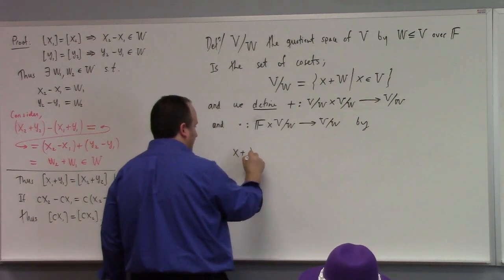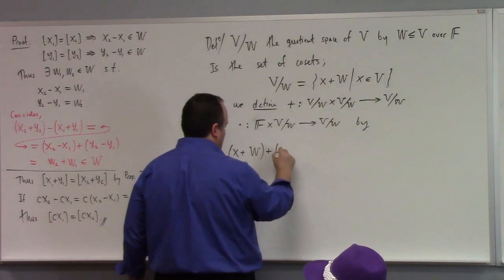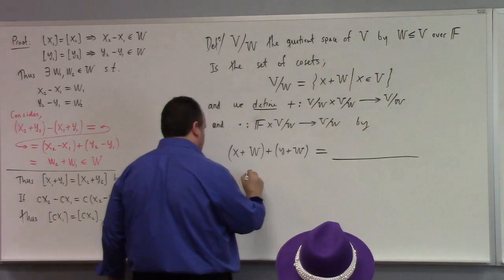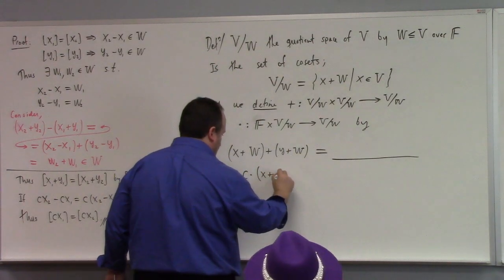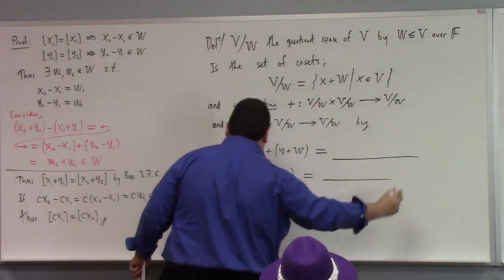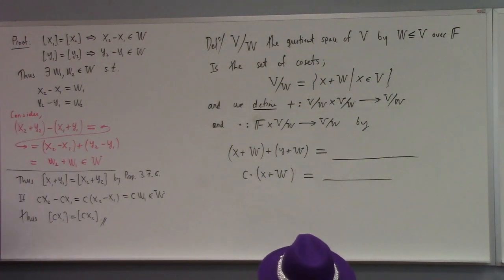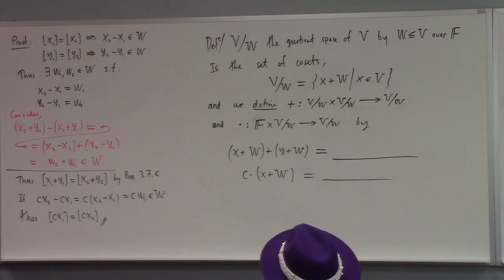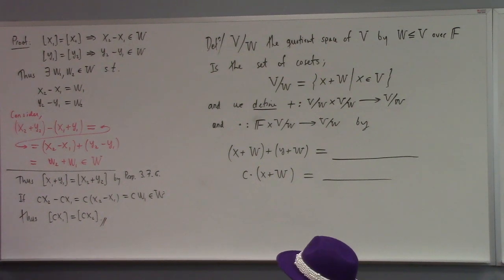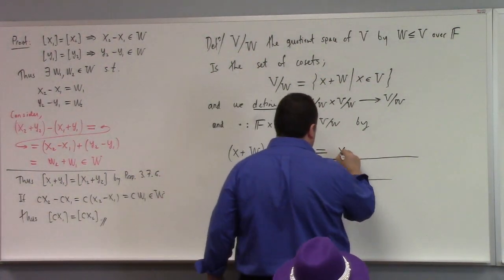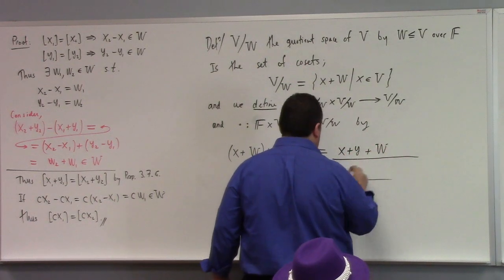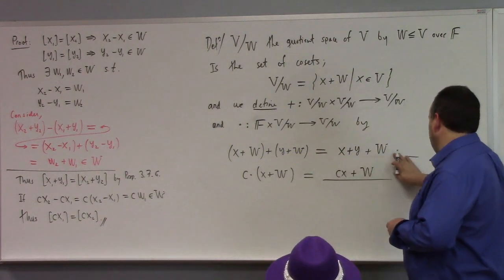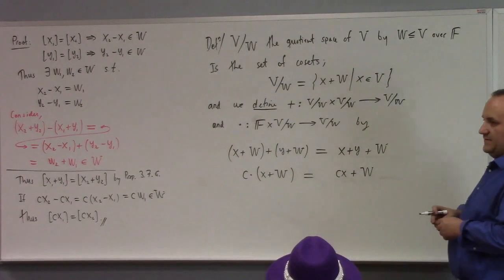So x plus W plus y plus W equals, you guys fill in the blank, and c times x plus W is equal to, you guys fill in the blank for me. It's going to be x plus y plus W. Uh-huh. cx plus W. Exactly. I will now remove the line. But there you go. Those are the definitions.